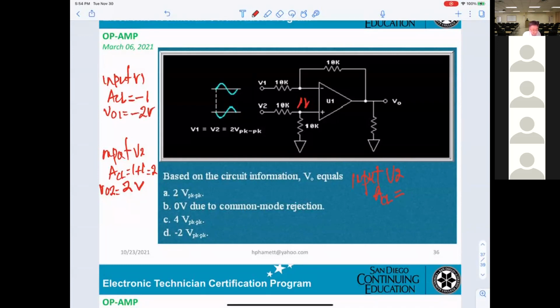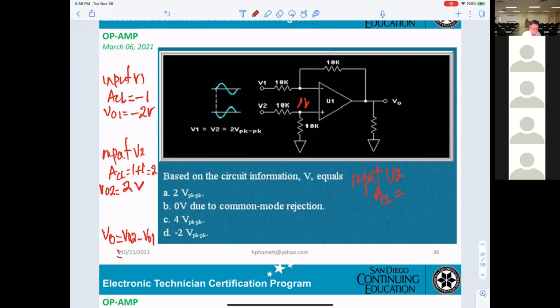So output equals V out 2 minus V out 1. What do you think, A, B, C, D? It's B. Should be 0 volts, B. Okay, V out equals what?